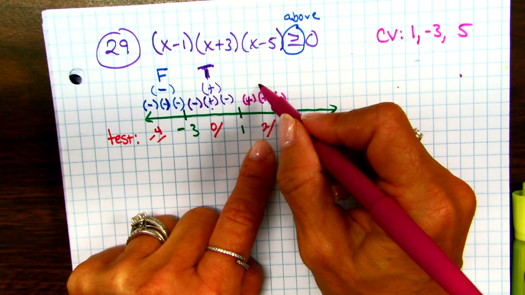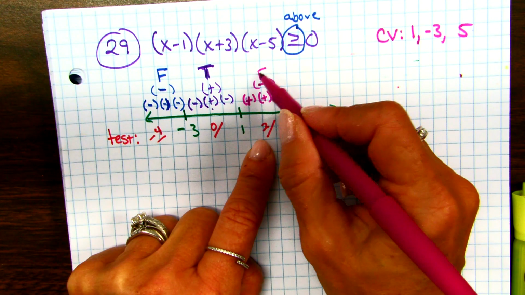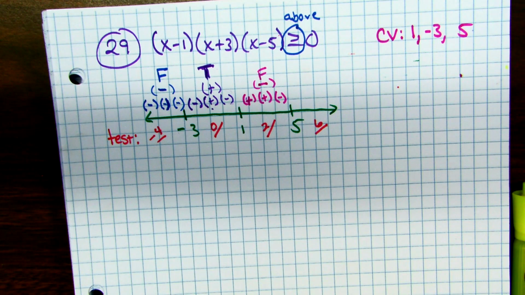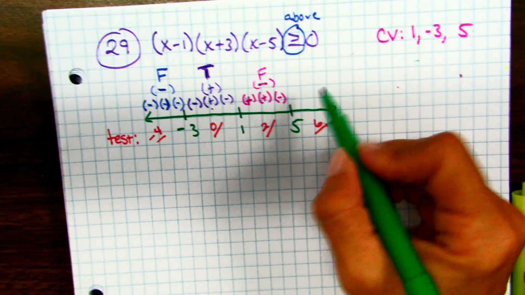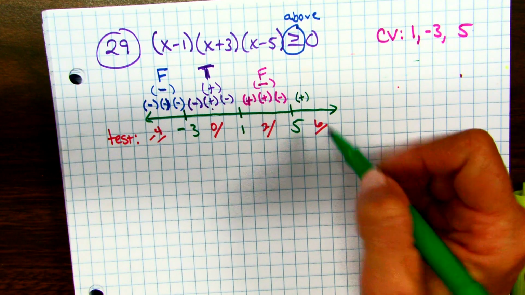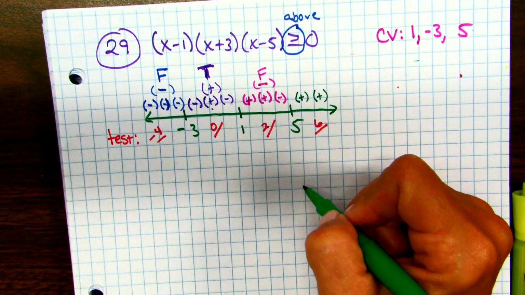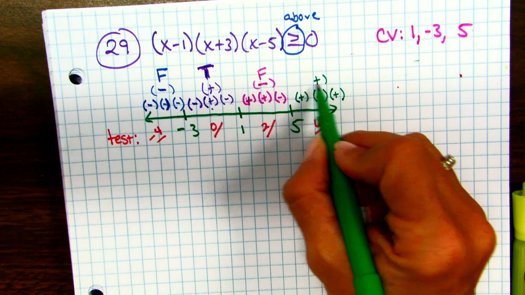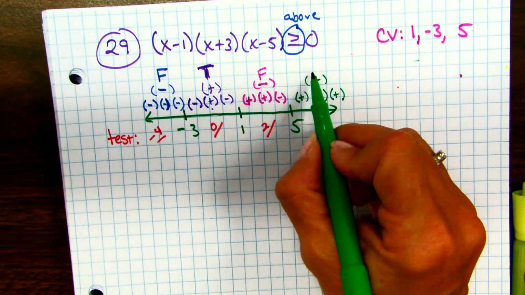This would give me a negative, which is false. And the last one, 6 minus 1, positive. 6 plus 3, positive. 6 minus 5, positive. 3 positives make a positive.